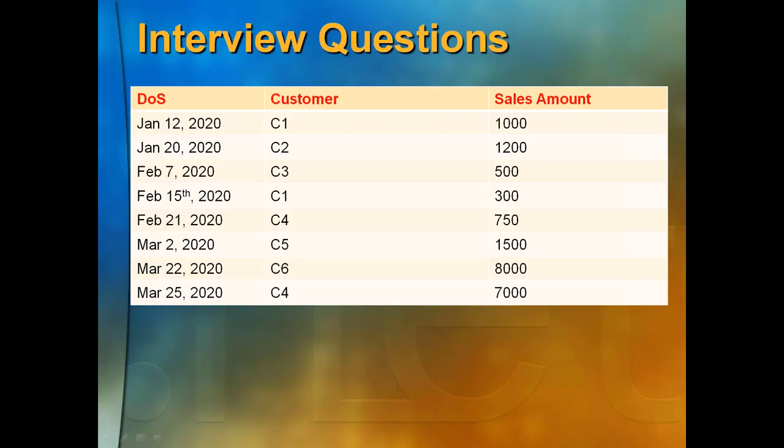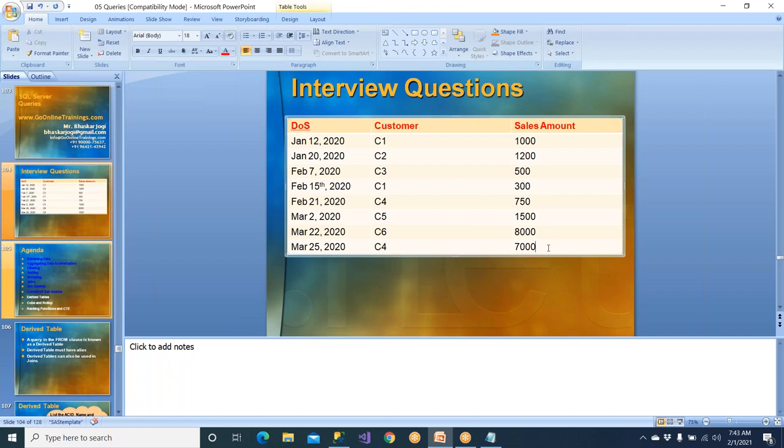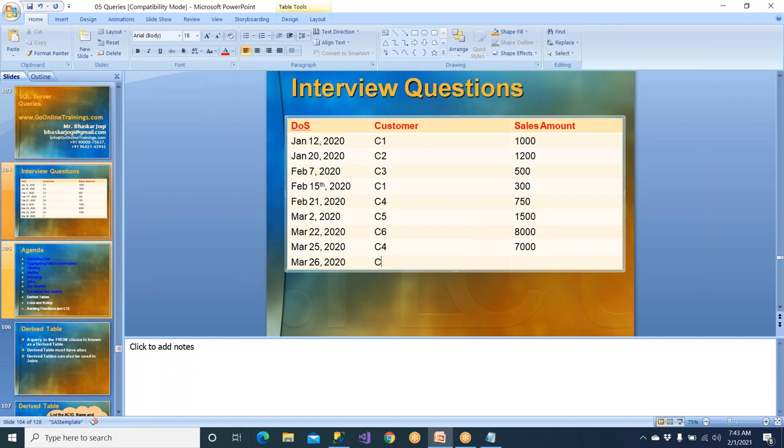In March, what is happening? In March, you have C5 and C6, and you may get C4 as well, or C1 as well. Let me include one more value also. On March 26th, let us say C2 purchased 1200 worth of products.